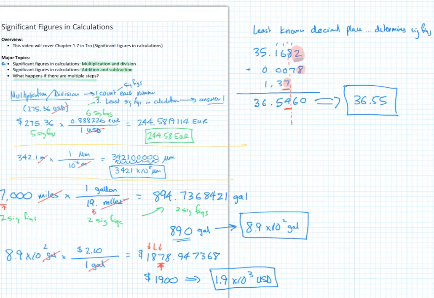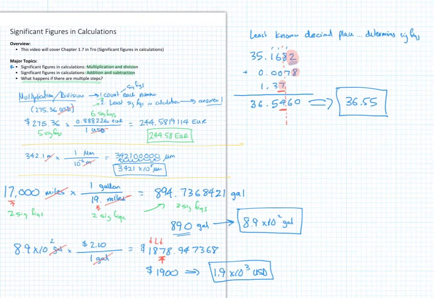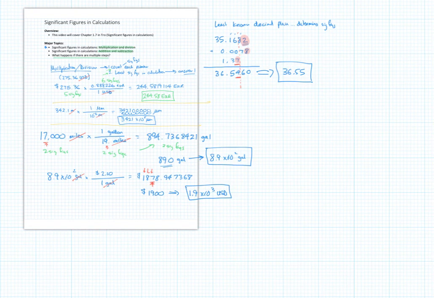All right, so the last thing we need to look at is what happens if there are multiple steps. So we will take another example: 35.86 times 16.1 plus 0.12. All right, so we've got a multiplication inside of a parentheses and then an addition next.